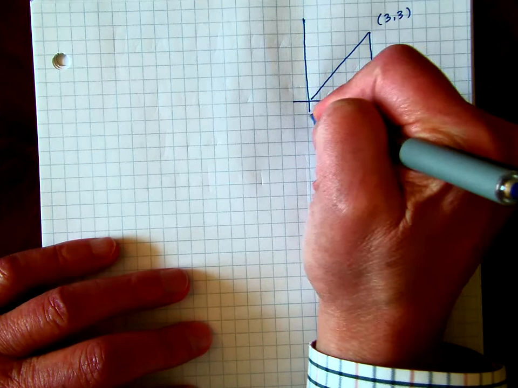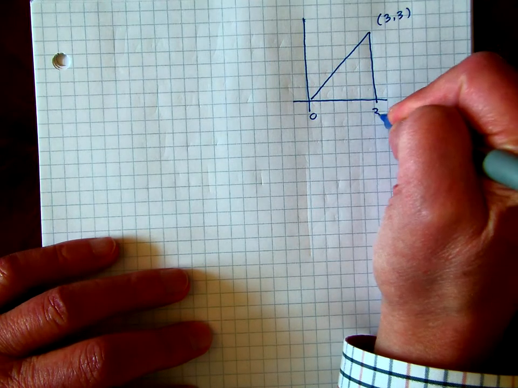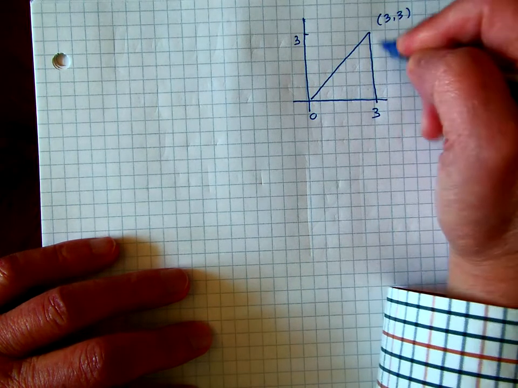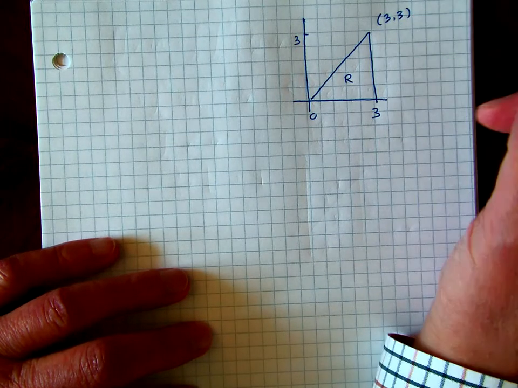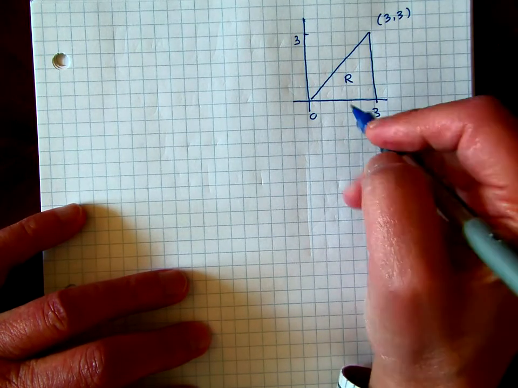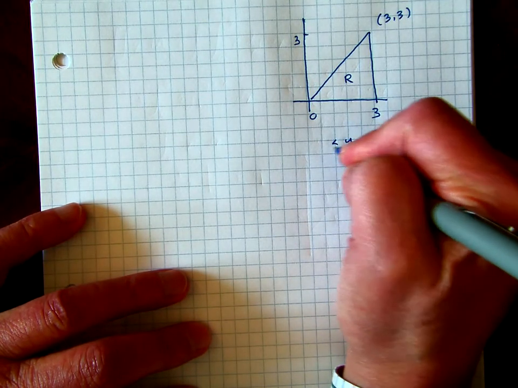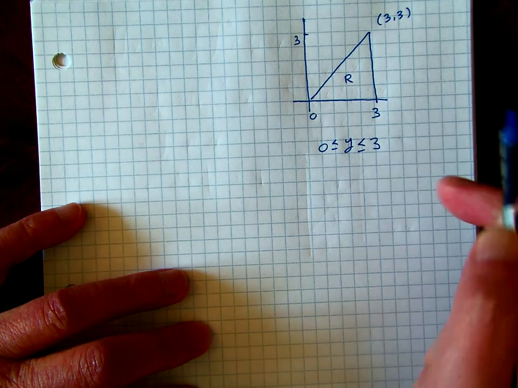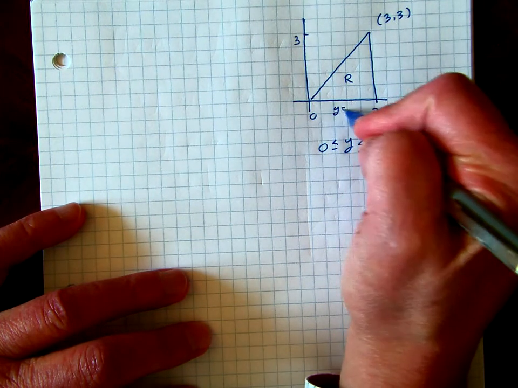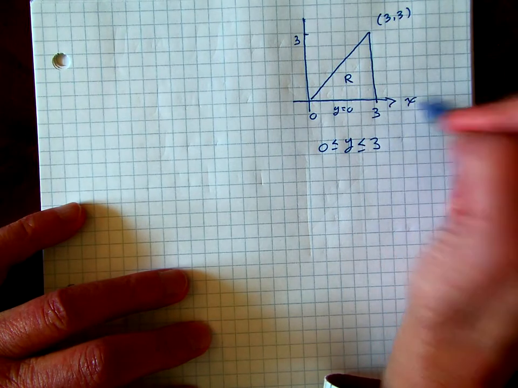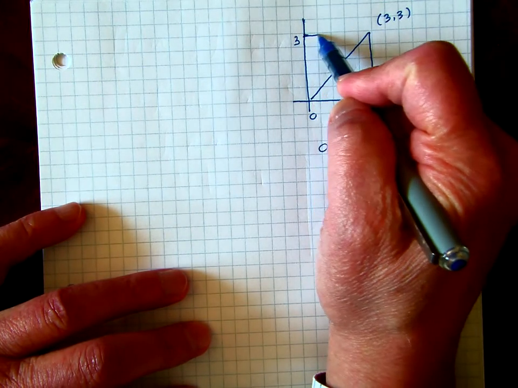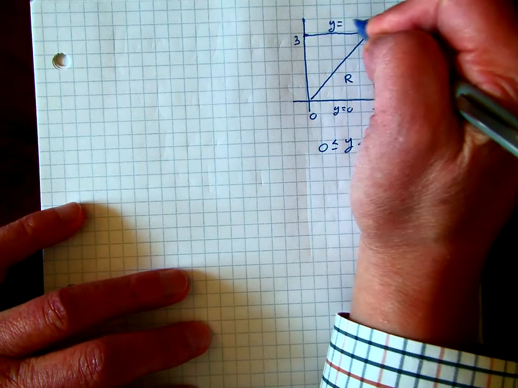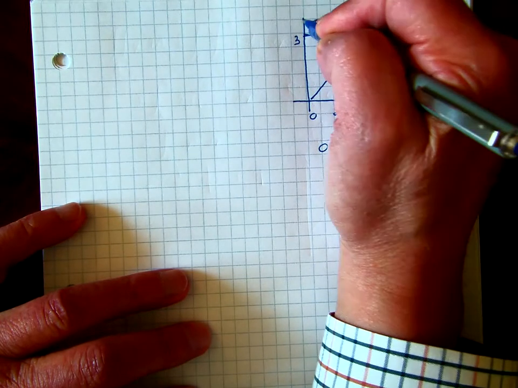We know that this is 0, this is 3, and up here at the top, it's 3 again, and this is R. But this time, I've decided I want y to be on the outside, so y equals 0 to 3. Now here's y equals 0, same as before, it's just the x-axis. And y equals 3 is just this horizontal line. Okay?